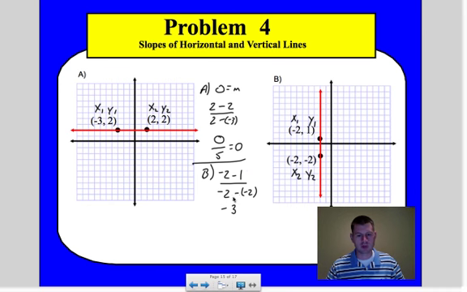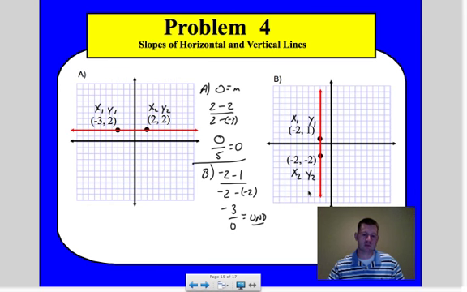The bottom becomes negative 2 plus 2, which makes 0. And the one rule that we've learned in algebra and pre-algebra and 7th grade math is that anything divided by 0 is what we call undefined. You're going to get an error on the calculator. Go ahead and try it. See what you get. I bet you get an error. It's undefined.